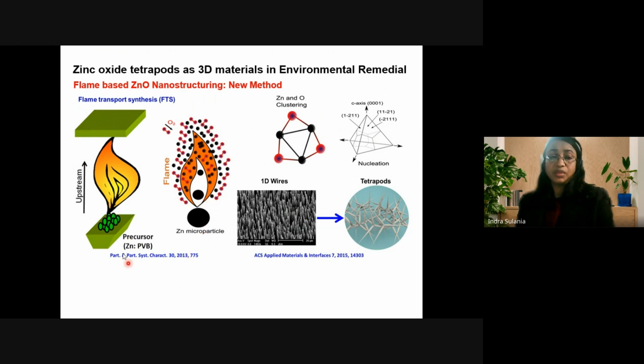So if we heat zinc plus PBV in a certain ratio at 900 degrees, then a white colored powder is formed, which is in the form of a tetrapod. Why is it in the form of a tetrapod? Because zinc oxide is a wurtzite structure, and the natural geometry is of a tetrapod.